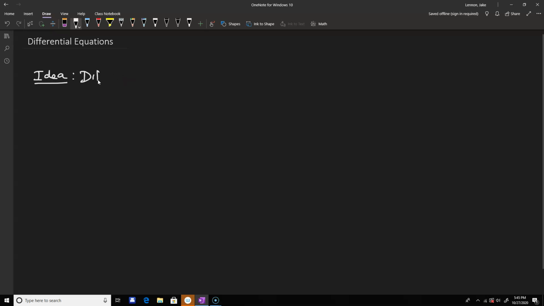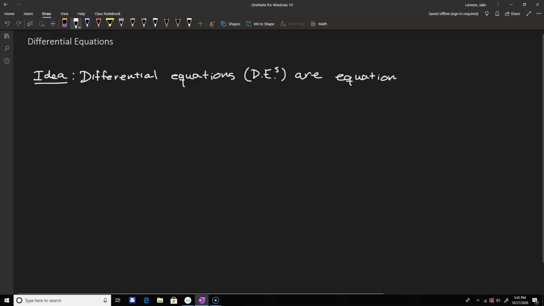So differential equations, which if I abbreviate them, I will abbreviate by DEs like this, are equations that involve constants and variables like normal equations that we've dealt with so far, but these will also contain functions and even derivatives of functions.